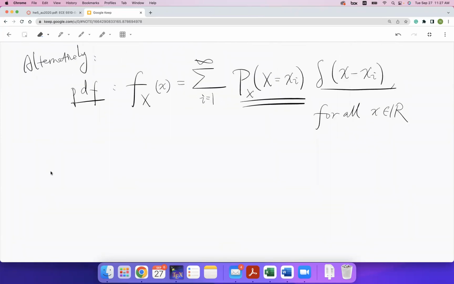So for example, remember in the previous examples, we have shown one example that has such a staircase-like increasing CDF function.